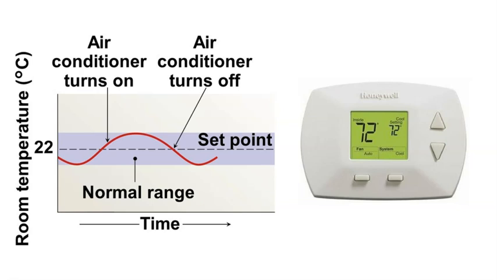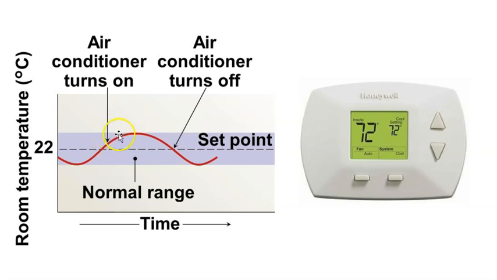So at any point during the day, let's say that in the morning when the sun rises, it starts to heat up our home, and temperature starts to rise, at which point the air conditioner will turn on after the temperature in our house has exceeded that 22 degrees Celsius, 72 degrees Fahrenheit set point.